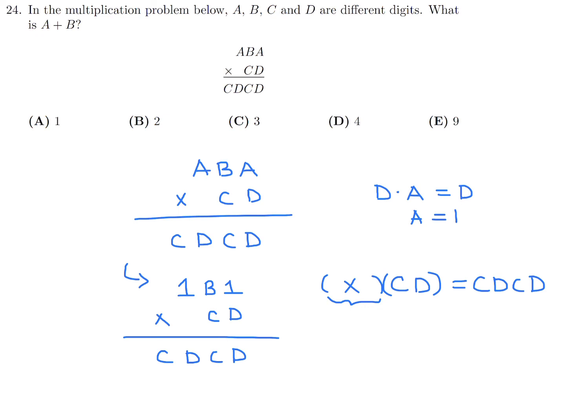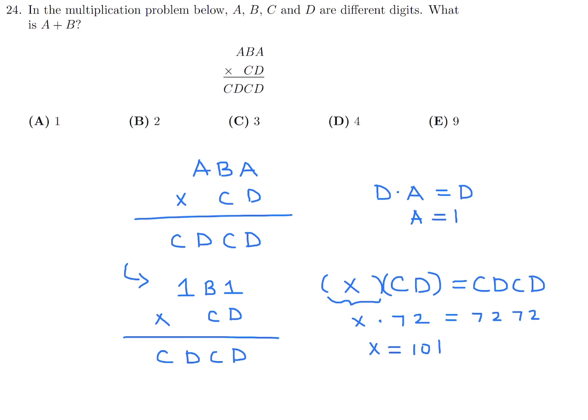Let C equal anything you want, 7, D equals 2, and that means this would be 72, 72. So X times 72 is equal to 7272. And if you figure this out, this will give you X is equal to 101.